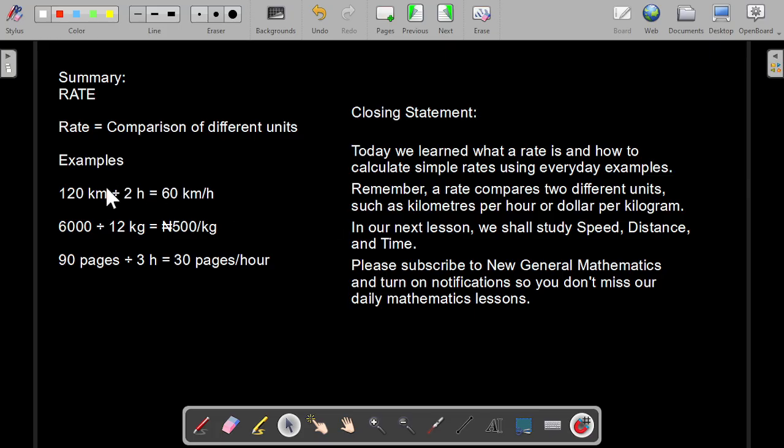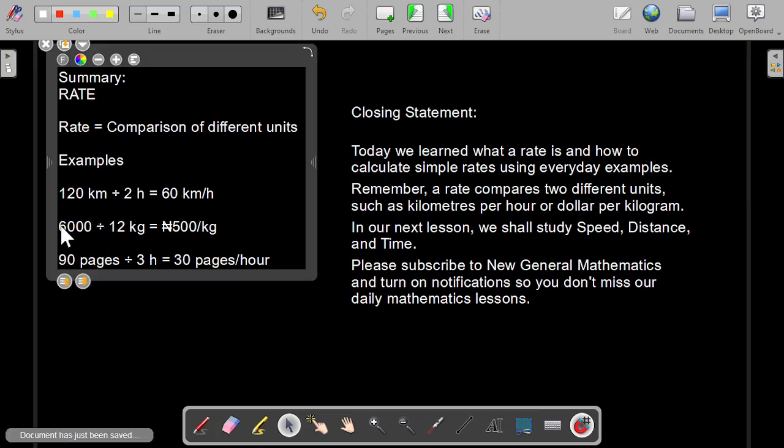So $6,000 divided by 12 kg will give you, this is per each kg, a cost of $500.